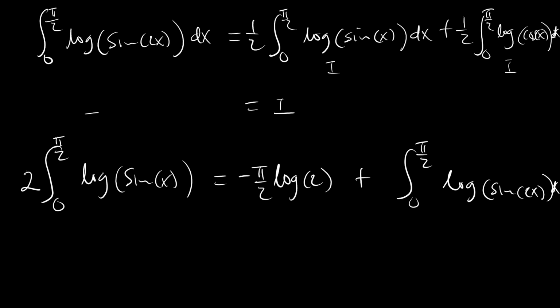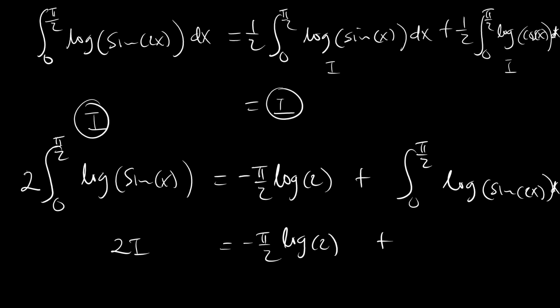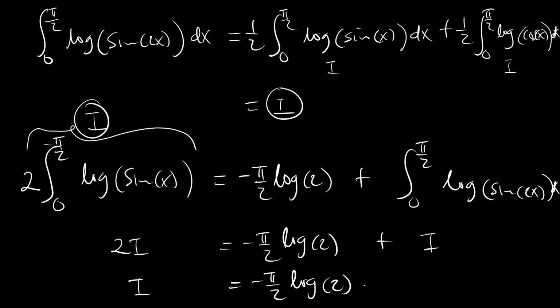And so since this is 1I and this times 2I times 2 here, making 2I, it means that 2I is equal to pi over 2 log of 2 plus this I here. And so I is equal to negative pi over 2 log of 2.